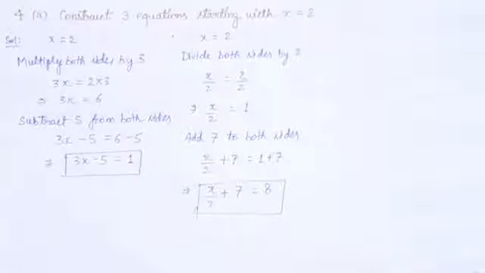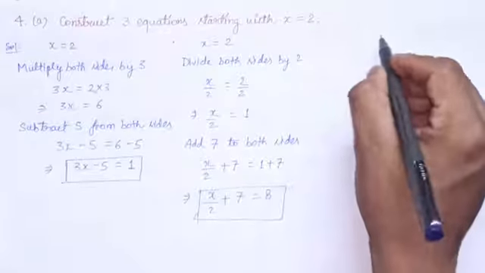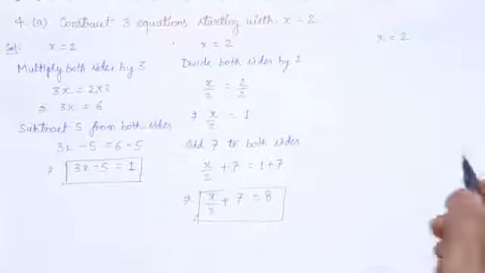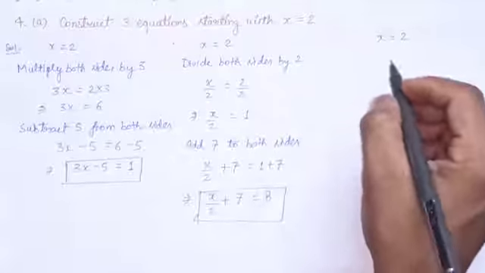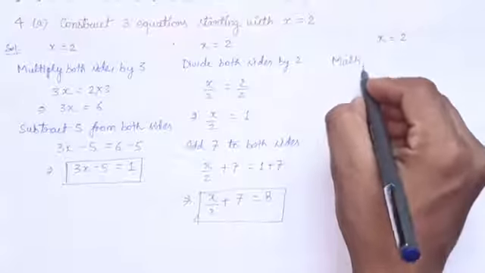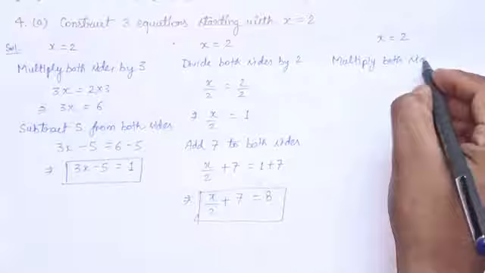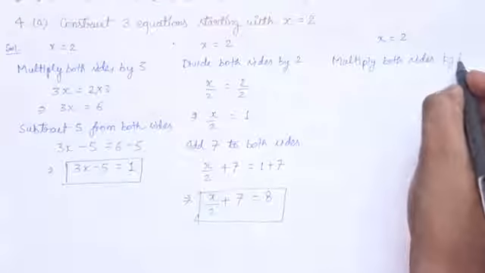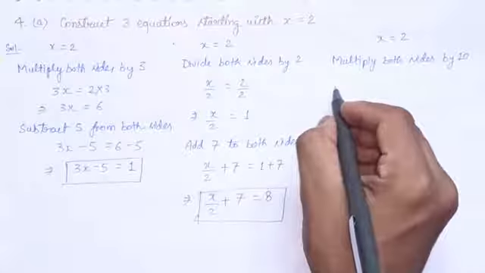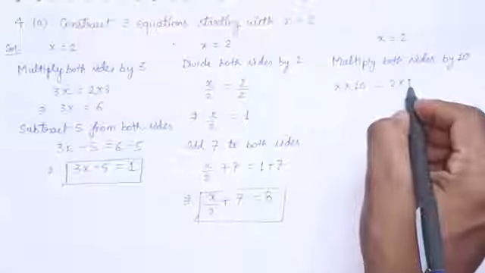Now let us make one more equation from x equals 2. So again we have x equals 2. Now at this time let us multiply both sides by 10. So what do we get? x into 10 equals 2 into 10.